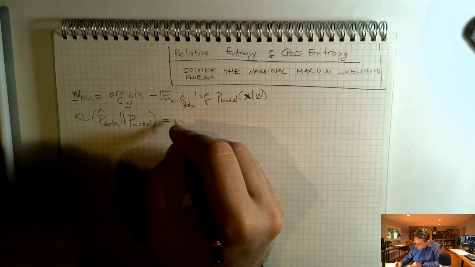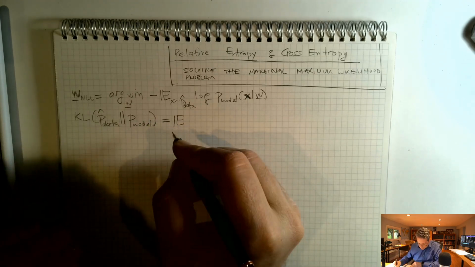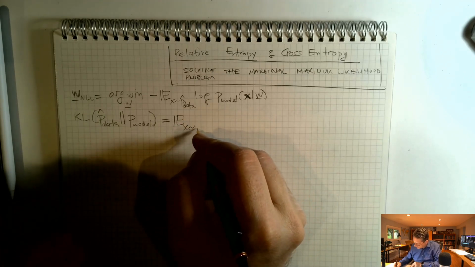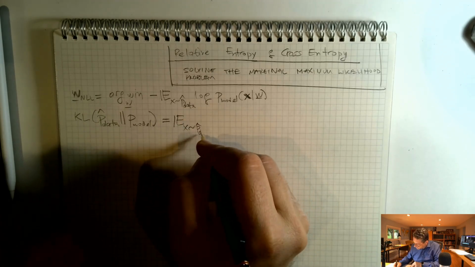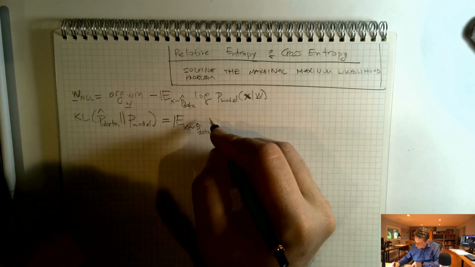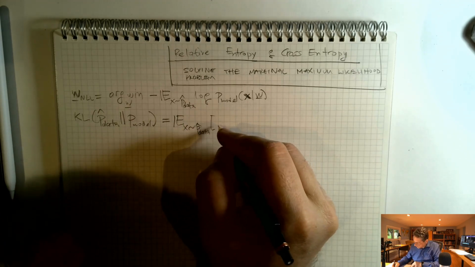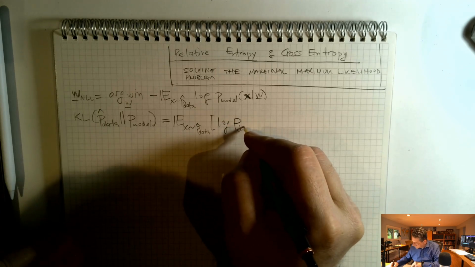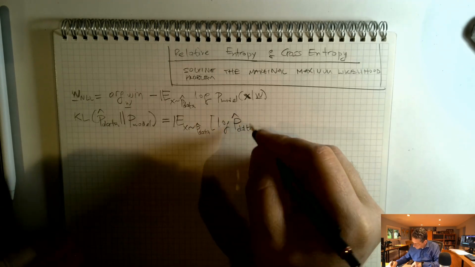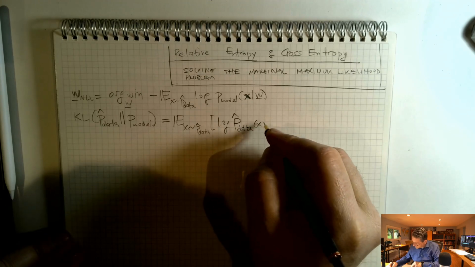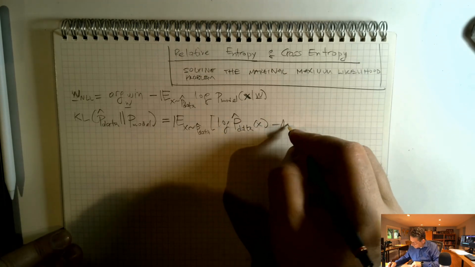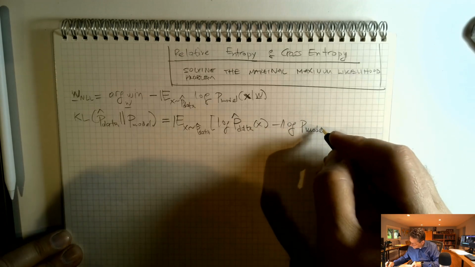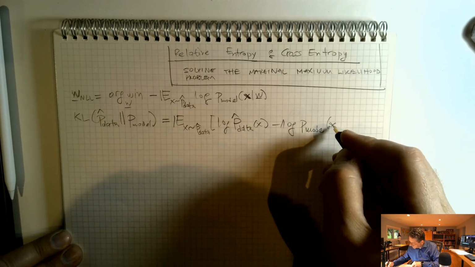By definition, KL divergence is the expectation over X distributed according to the P data hat distribution of log of P data hat of X minus log of my P model of X given W.